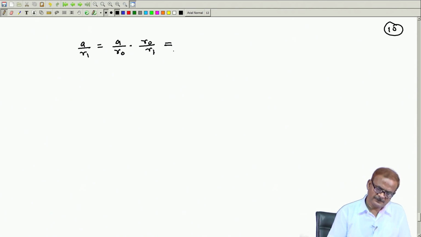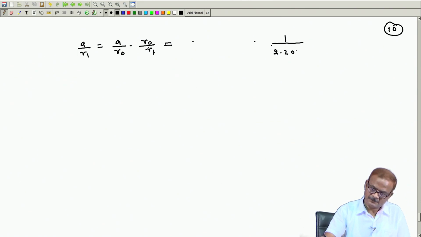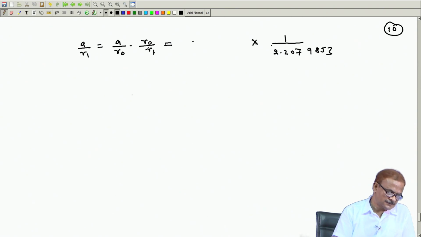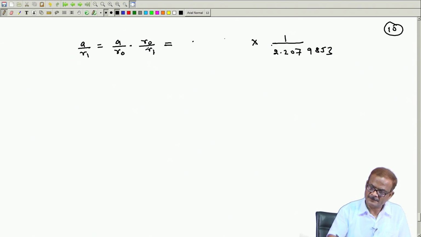R 0 by R 1 we have already determined, this is part 2. R 0 divided by R 1, this is 1 divided by, you will have to look back and write all these values, 2.2079853, and A by R 0, this we have written as 5 by 3.